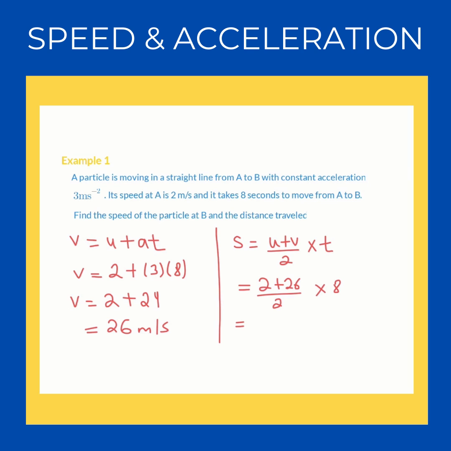So 26 plus 2 is 28, and 28 divided by 2 is 14. So 14 times 8 is equal to 112 meters. So the distance traveled s is equal to 112 meters.